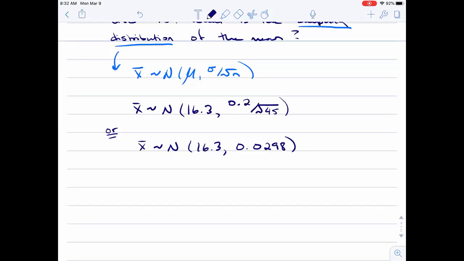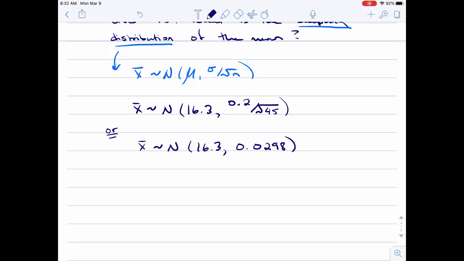Now, if you know something follows the normal distribution, you know the mean and you know the, let's call it standard deviation, this is the standard error because it's for the mean. But what we can do is calculate z-scores to find probabilities.